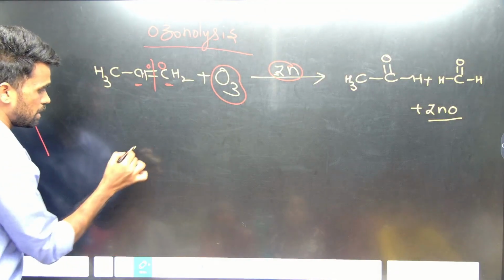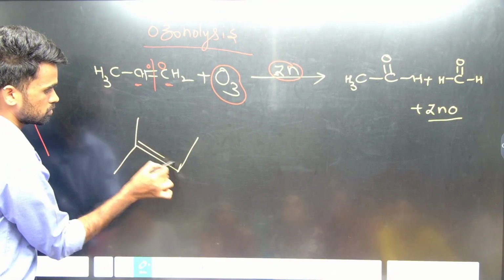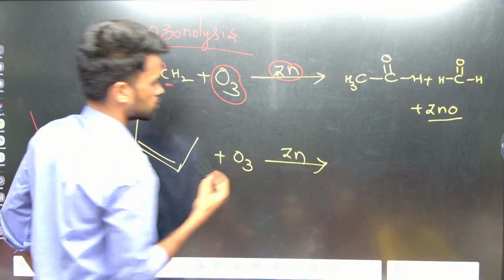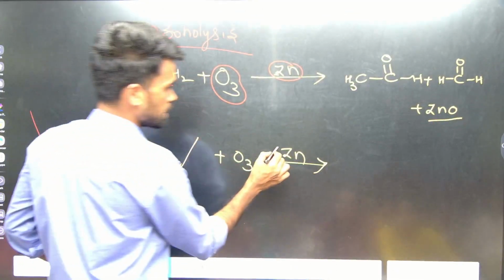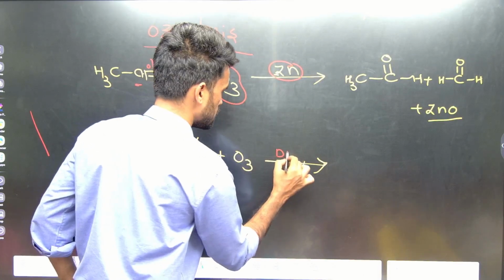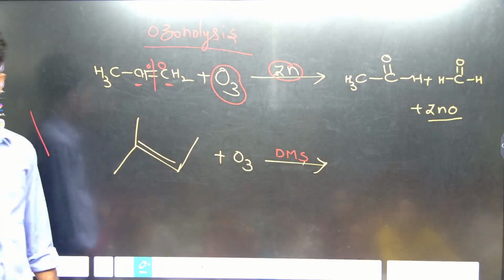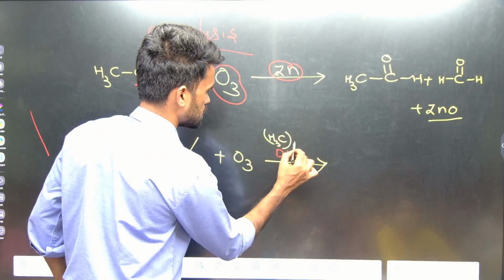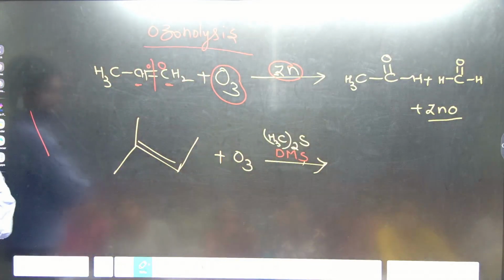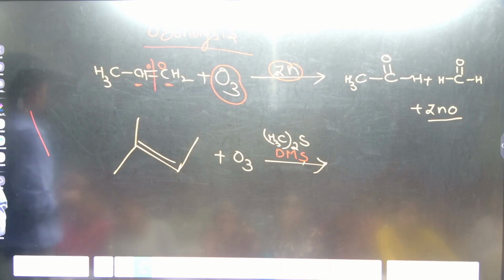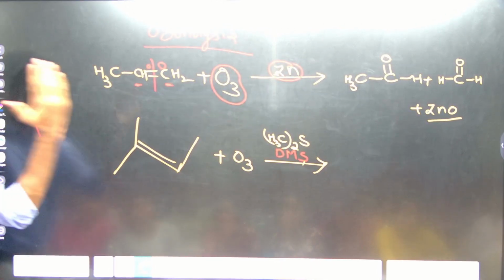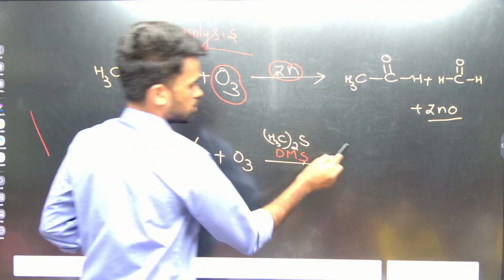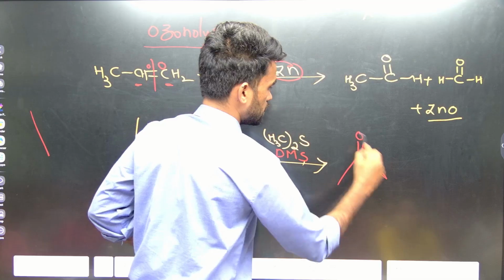Okay, now tell me again here. Instead of zinc, sometimes they may give you DMS, dimethyl sulfide. Dimethyl means 2 methyls, sulfur, sulfide. Tell me what is the product formed? What I told you? Break. O here, O here, like this.